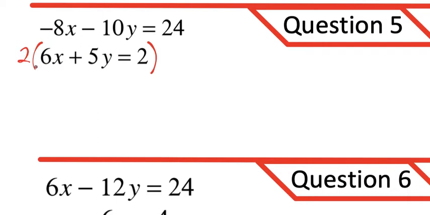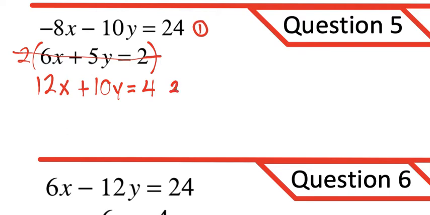If we multiply the bottom equation by 2, we'll get 12x plus 10y equals 4. And then we can cross this equation out, call this equation number 1, equation number 2, and then we're going to add the two equations together.